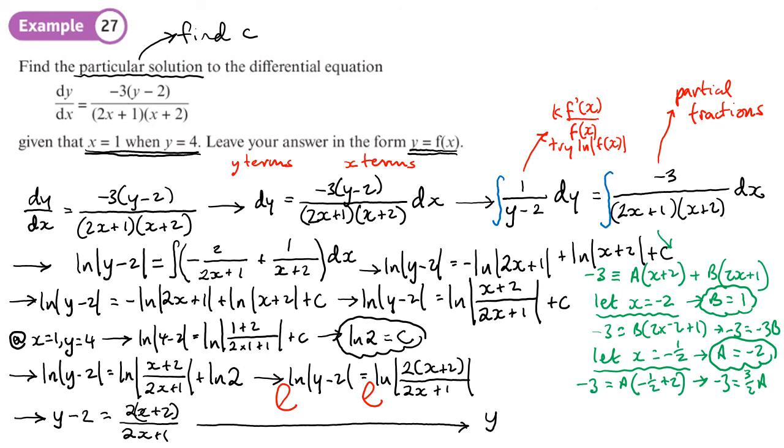So final answer: y equals 2x plus 2, could expand the brackets if you want, over 2x plus 1 plus 2. And then I suppose if you wanted to, you could put that 2 in that fraction as well. Let's straighten out that line there. And there we go. So there's our final answer in the form that they wanted.